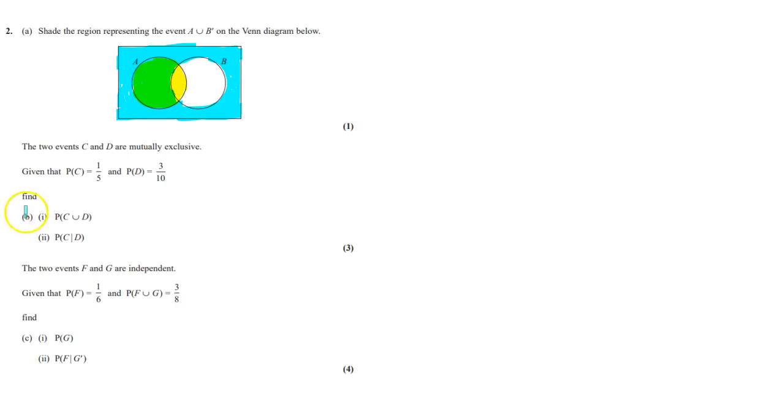So now, which portion have I colored, either blue or yellow? Union means both the colors. So you can see that only this portion is not colored. So your answer will be: you will just leave this portion and you will color all the parts.